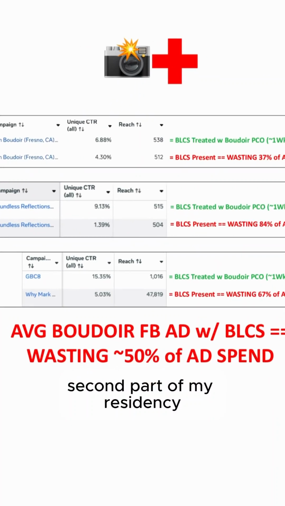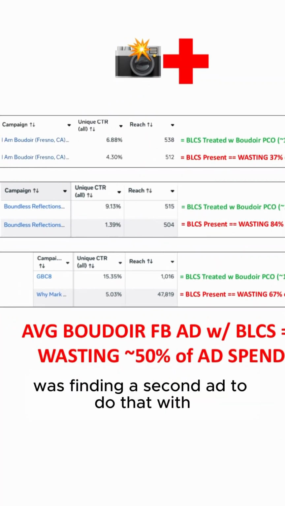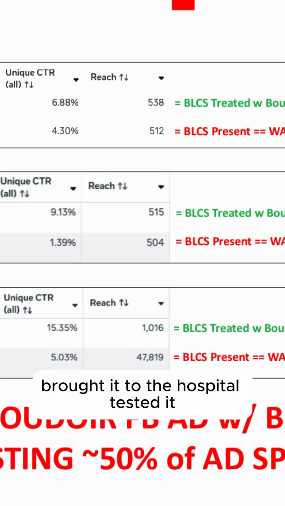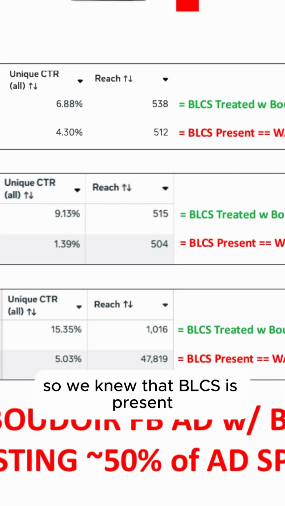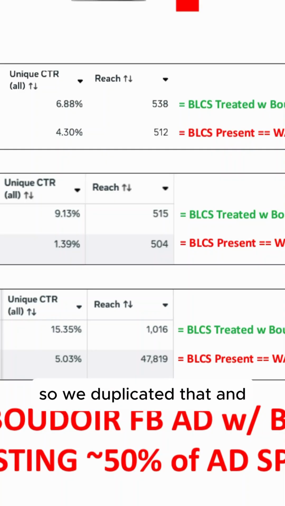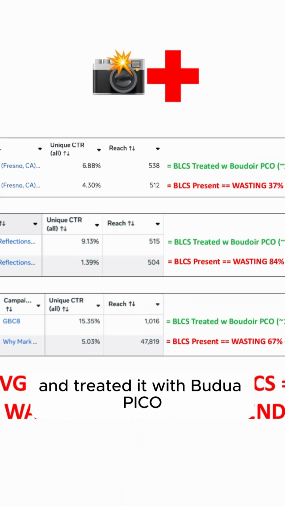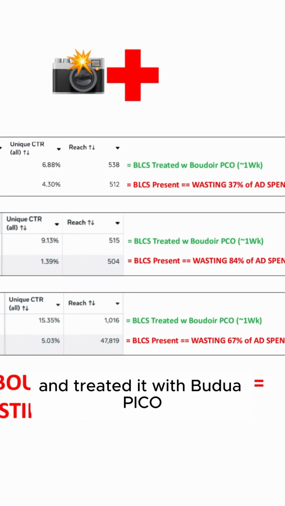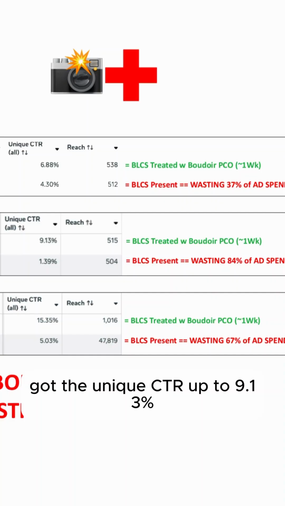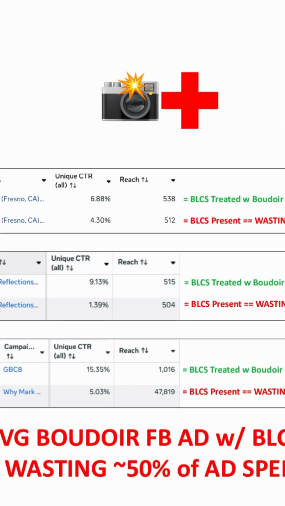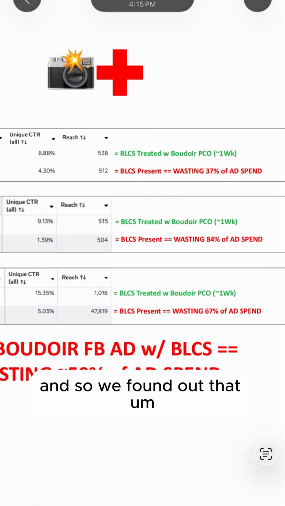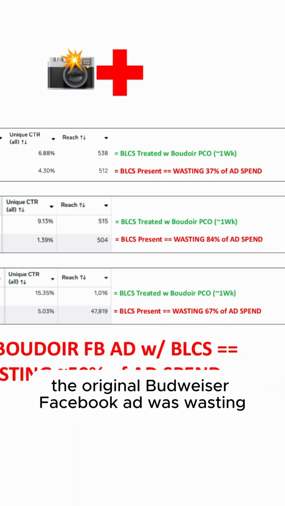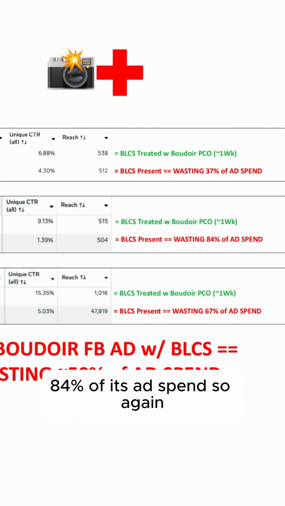Second part of my residency was finding a second ad to do that with. So I found another one out there, brought it to the hospital, tested it, and found its unique CTR was 1.39%. So we knew that BLCS is present. We duplicated that and treated it with Boudoir Pico, and got the unique CTR up to 9.13%. Insanely good. And so we found out that the original Boudoir Facebook ad was wasting 84% of its ad spend.